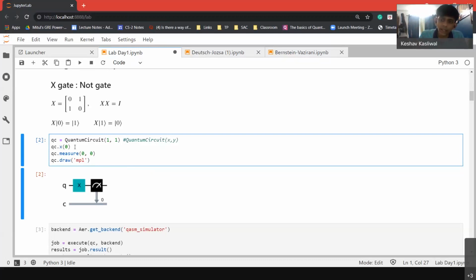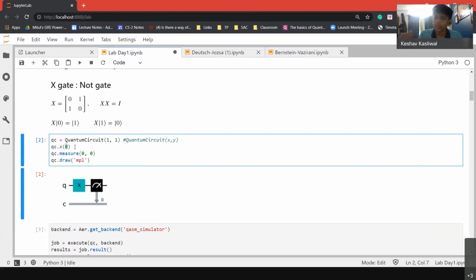How do we communicate that we want the X gate over the first qubit? That is what this function does. I'll highlight it. This is the QC, the quantum circuit variable that we have defined. Now this X is the X gate, and on which qubit do you want it? The 0th qubit, or the first qubit, since we only have 1 qubit.